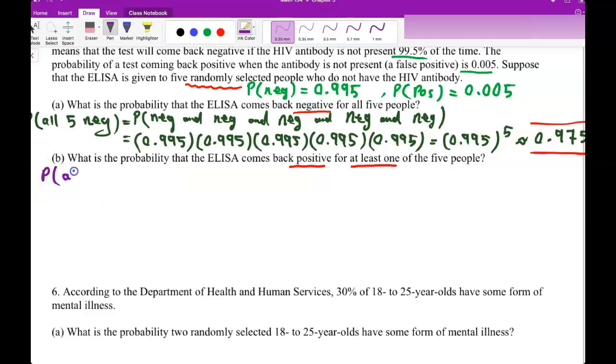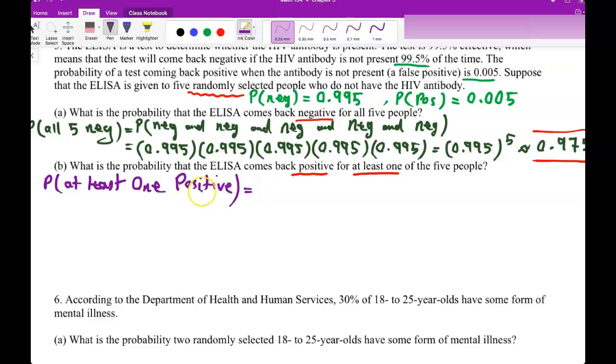The probability of at least 1 positive is equal to 1 minus the probability of all 5 negative. See, I don't want to have negative. That's why I should subtract that from 1 to get the answer for at least 1 positive.